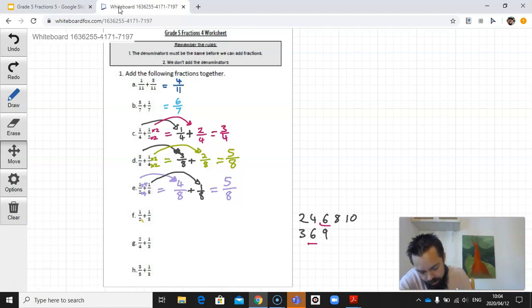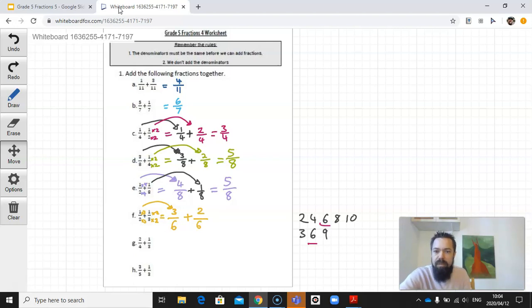So if I times this by 3, I must do the same to the top. So 1 times 3 is 3. 2 times 3 is 6. And with the second fraction, if I times that by 2, I must do the same to the top. 1 times 2 is 2. 3 times 2 is 6.